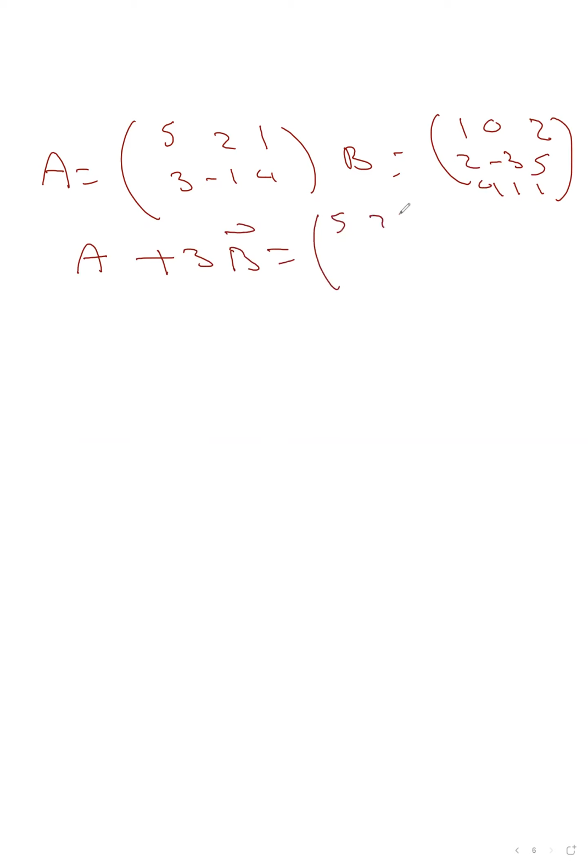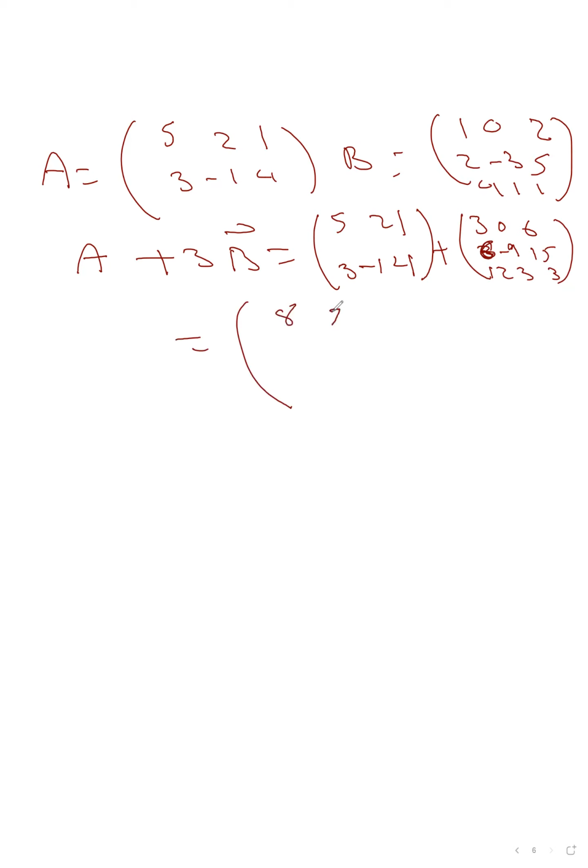It will be 5 2 1 3 negative 1 4 plus 3 0 6 2 6 negative 9 15 12 3 3, and add the matrices: 5 plus 3 is 8, 2 plus 0 is 2, 1 plus 6 is 7. عشان نصلحها، يبقى هنا 8 و2 7 وبعدين 3 9 negative 10 4 and 15 is 19.